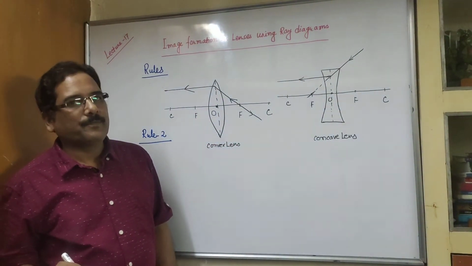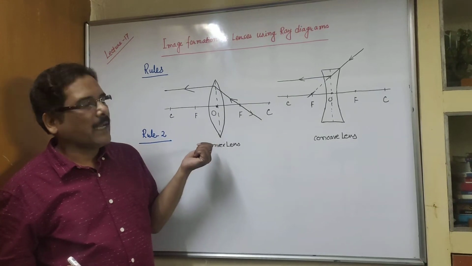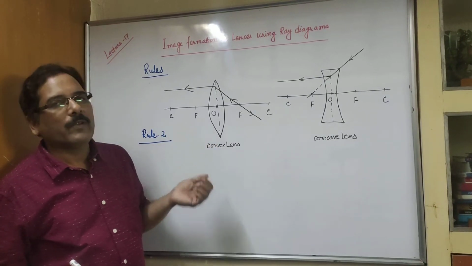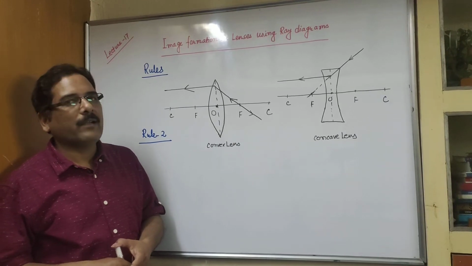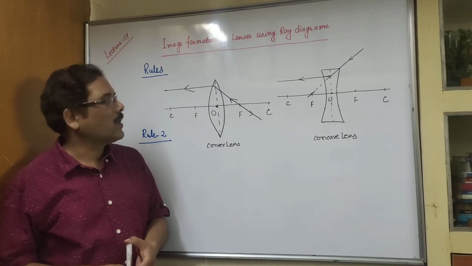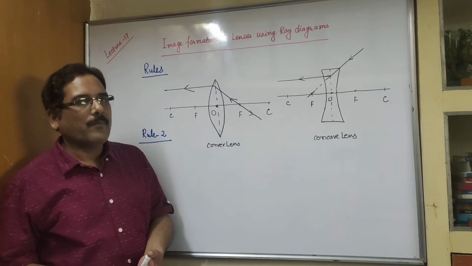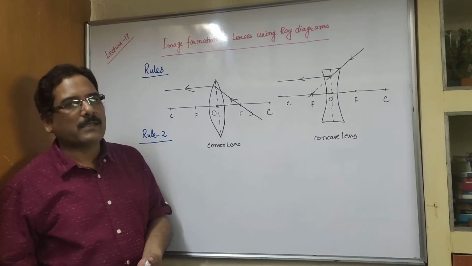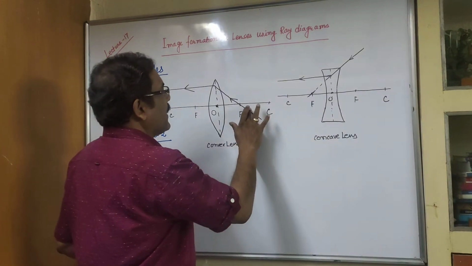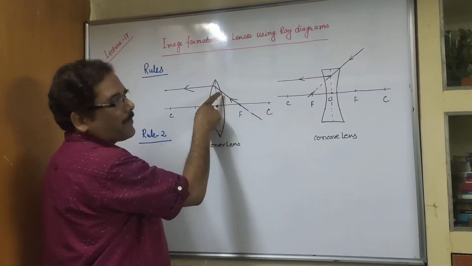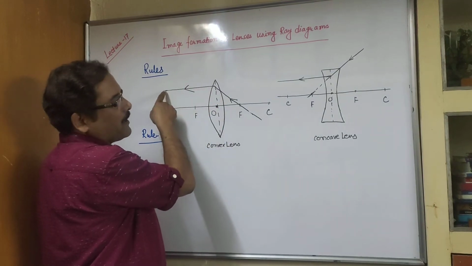So in this way we have represented the second rule with a ray diagram. As we have written, a ray of light which passes through the principal focus of a spherical lens becomes parallel to the principal axis after refraction. So if a ray of light is passing through the principal focus, it becomes parallel to the principal axis.